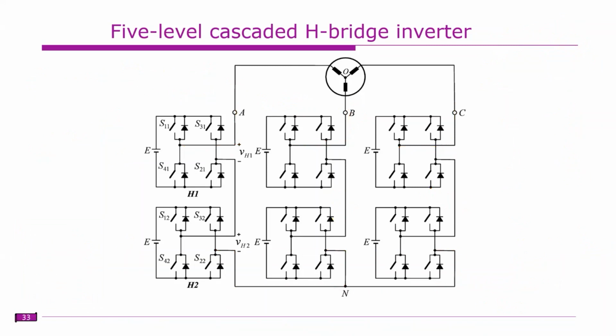So based on the DC voltage, these are the DC sources. How many DC sources do you require? For 3 phase with H bridges per phase, you require 3 into H number of DC sources.